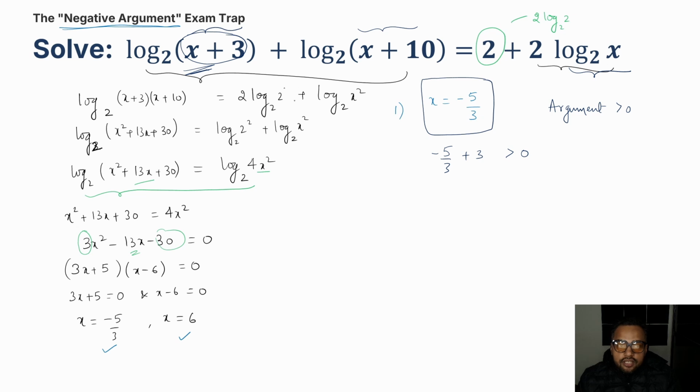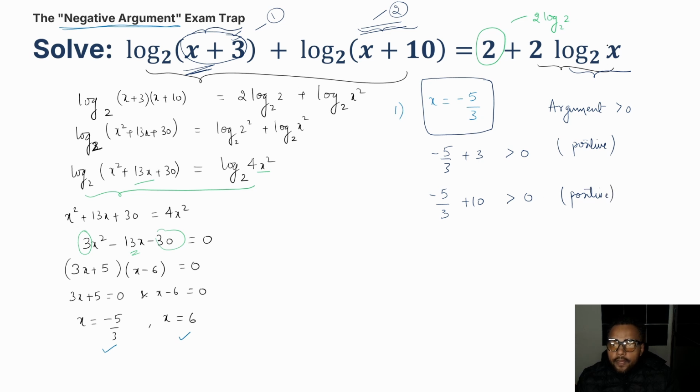Similarly, if I substitute negative 5 by 3 in the argument of the second log, here we see that negative 5 by 3 plus 10 is again positive. This is positive, and this is also positive.